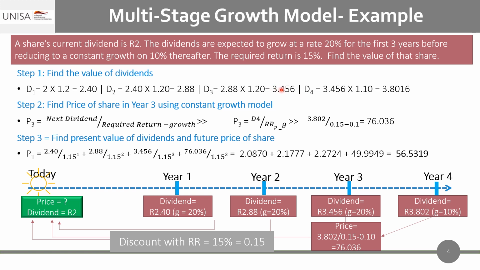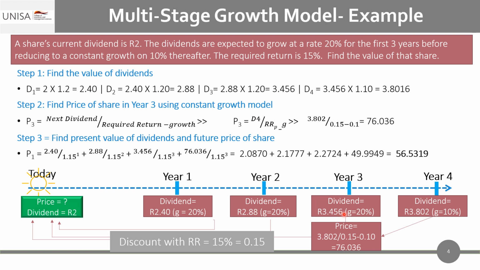From year 3 going forward, we know that it's going to grow by 10%, which is 3456 grown by 10% gives you 38016. This is illustrated in this number line, which says 2 rand grown by 20%, 240 grown by 20%, 288 grown by 20%, 3456.